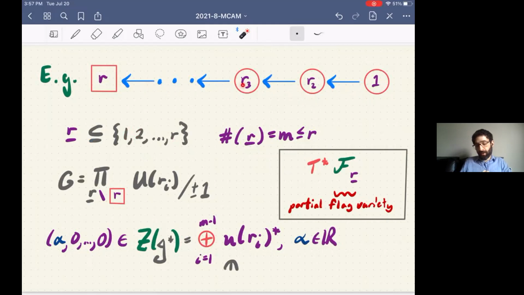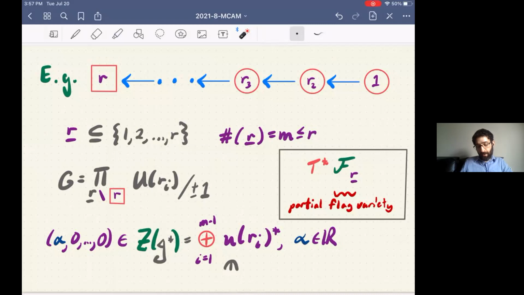But I could be missing some, if you like. So this flag is not necessarily complete. I could have all the numbers, or it could be missing some. Okay? And the number of nodes here is M. So M could be at most R if I have the complete flag. Okay. And you'll notice that I've used circles and boxes. Okay.